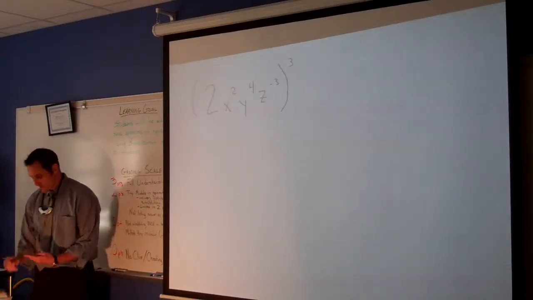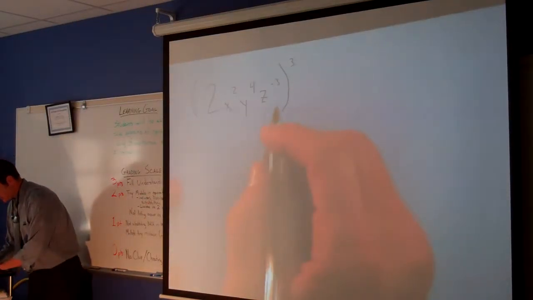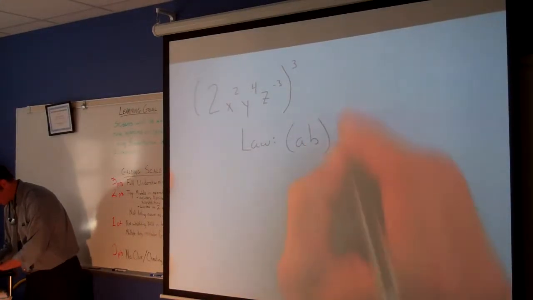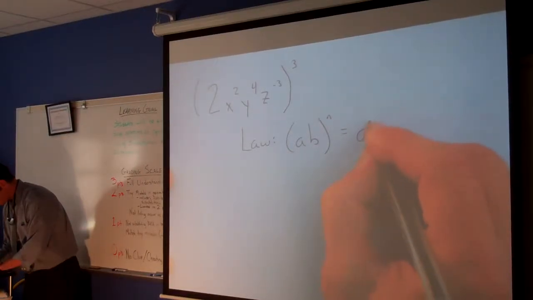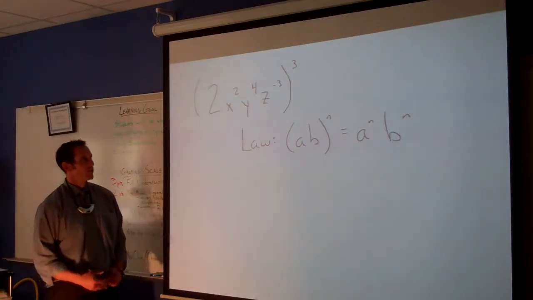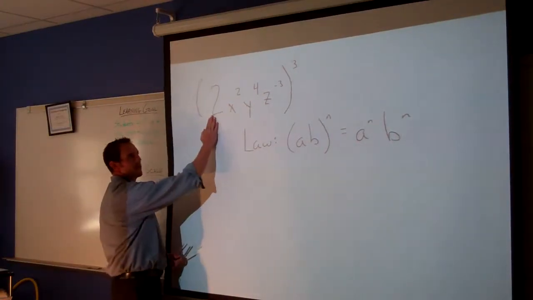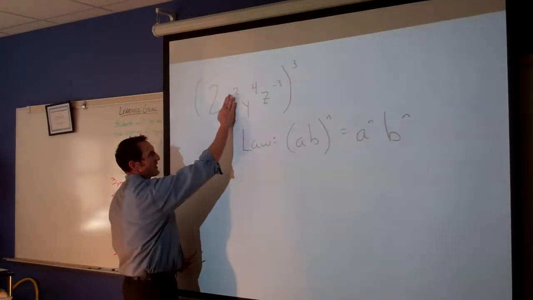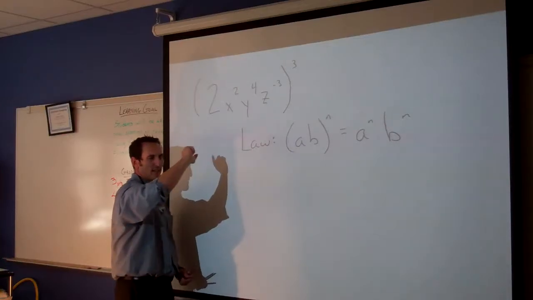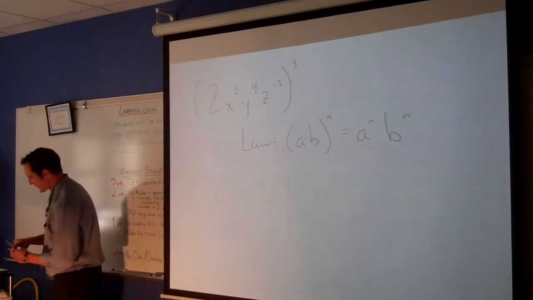So we can use that law that we just learned, a product to a power, the law that states if I have 2 or more bases being multiplied and I raise that to a power, the exponent can be applied to each base. So what that means is that I can take each of these things, this 2, this x squared, this y to the 4th, this z to the negative 3rd power, I can take each of those things and raise it to the 3rd power.